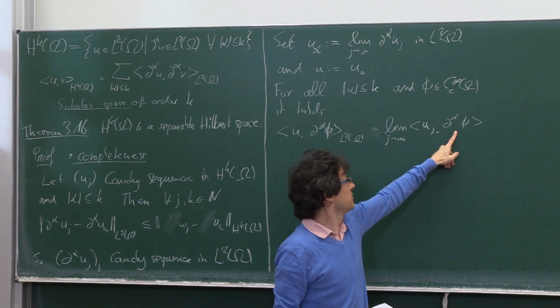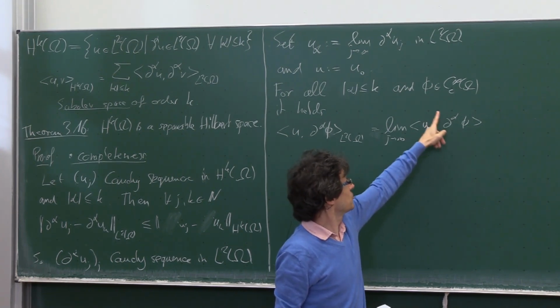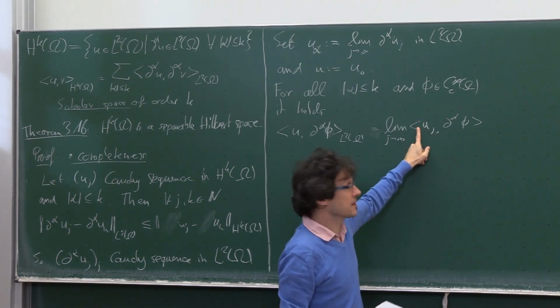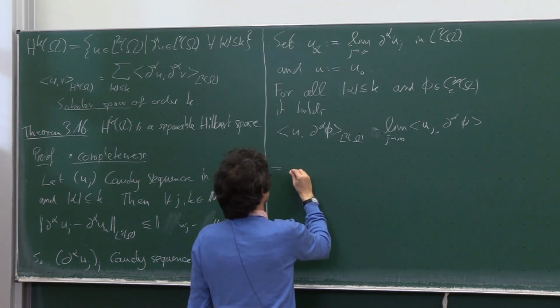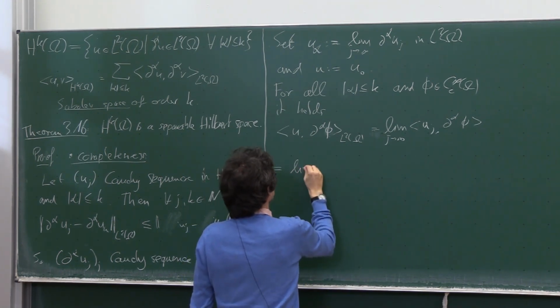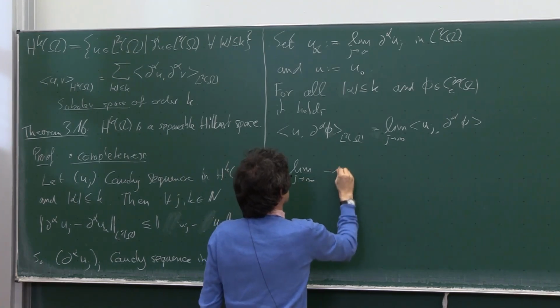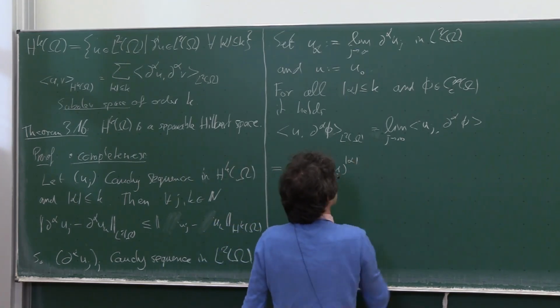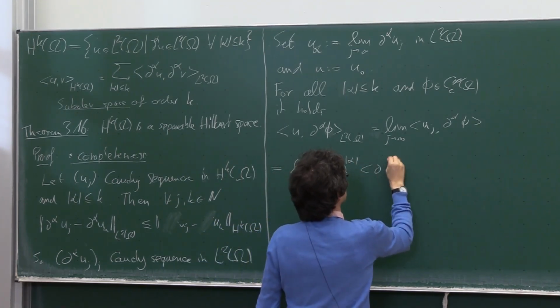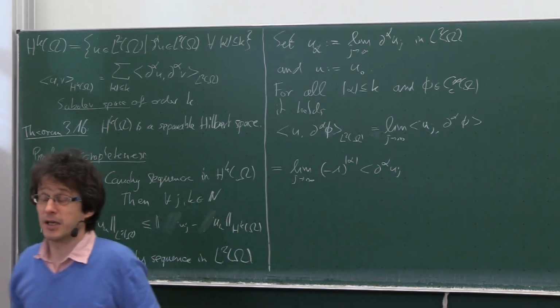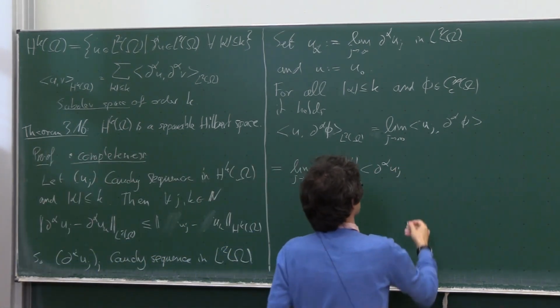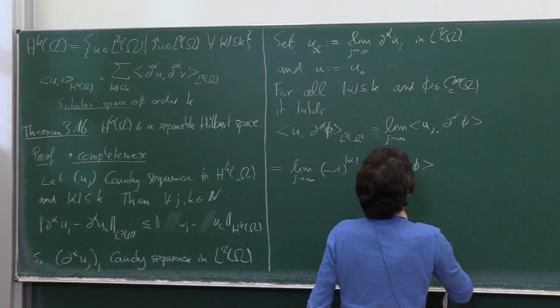Weak derivatives just means by partial integration we can take the D^alpha to the other side, getting some minus signs. So this is the limit j going to infinity of (-1)^|alpha| times the scalar product of D^alpha u_j with phi, which is now okay because u_j is an element of H^k. We know that u_j is weakly differentiable.